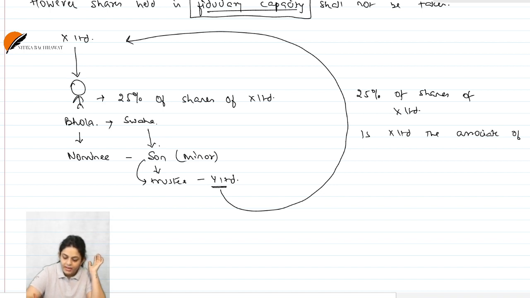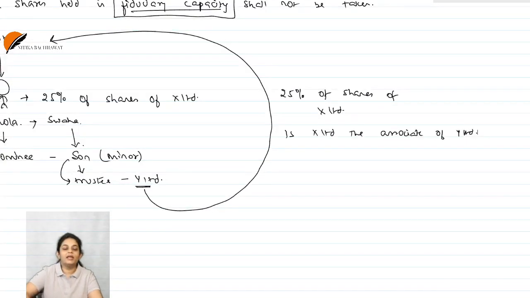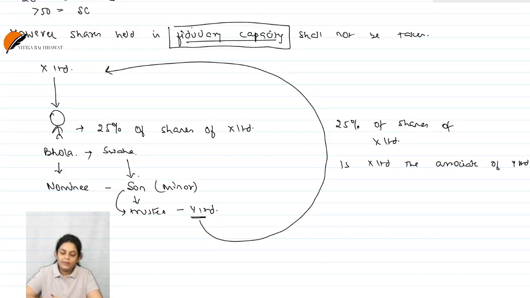So my question is, is X Limited the associate of Y Limited? Bhola was holding 25% of the shares of X Limited. Then Bhola appointed his minor son as a nominee for these shares, and appointed Y Limited as a trustee. But Mr. Bhola died. So the shares go to his son, who is a minor, so they go to the trustee.